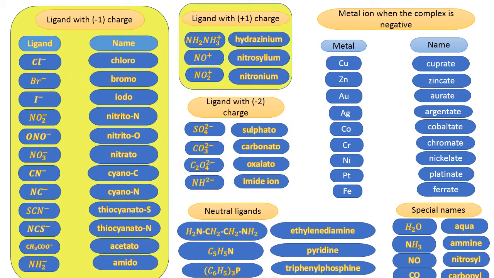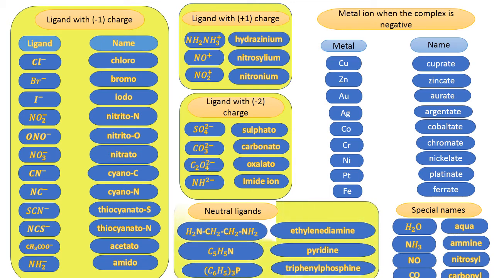Ligand with +1 charge: hydrogenium, nitrosonium, nitronium. Ligand with -2 charge: sulfato, carbonato, oxalato, imide ion. Neutral ligands, that is 0 charge: ethylenediamine, pyridine, triphenylphosphine. And neutral ligands with special names: aqua, ammine, nitrosyl, carbonyl.